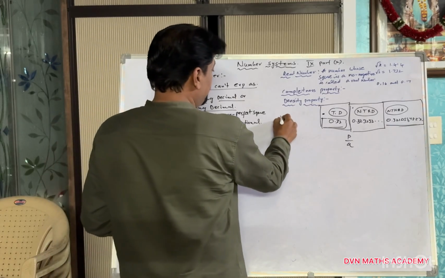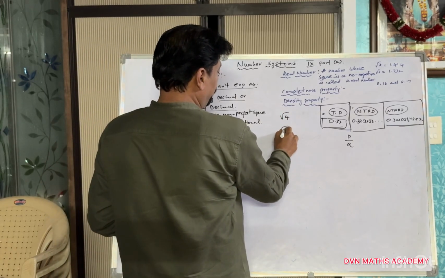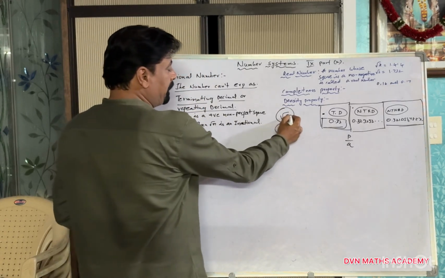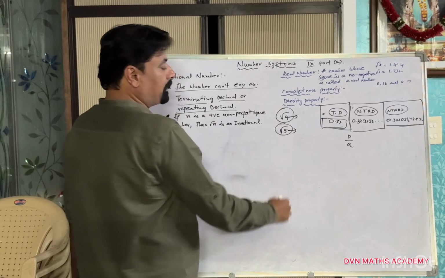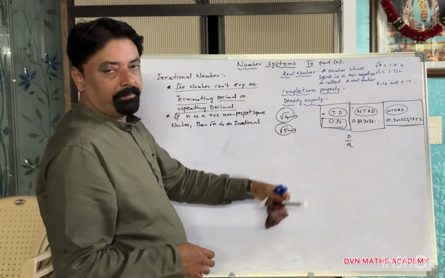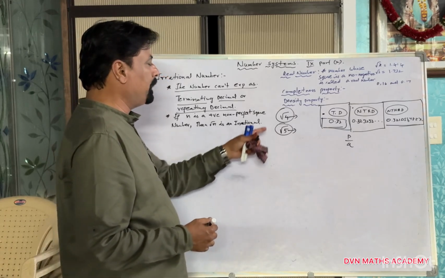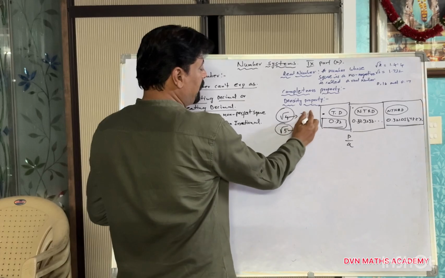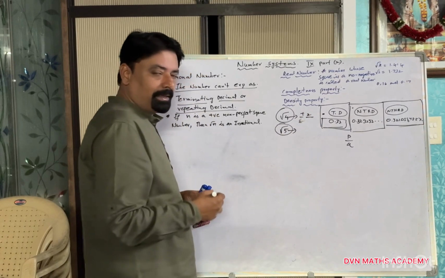Here, you see root 4 and root 5. 4 is a perfect square number, and 5 is a non-perfect square number. You know that the root value of 4 is plus or minus 2, and 2 is a rational number.